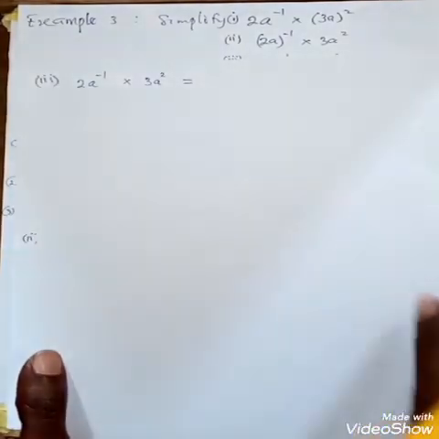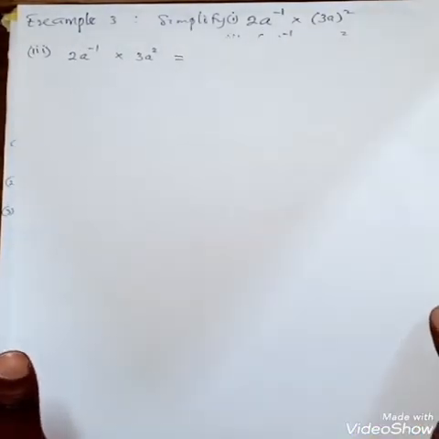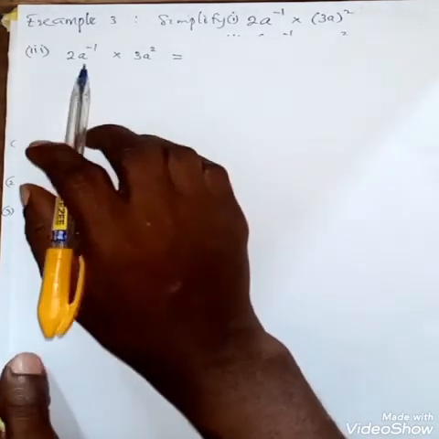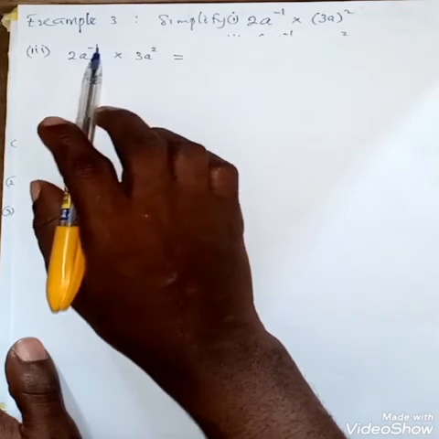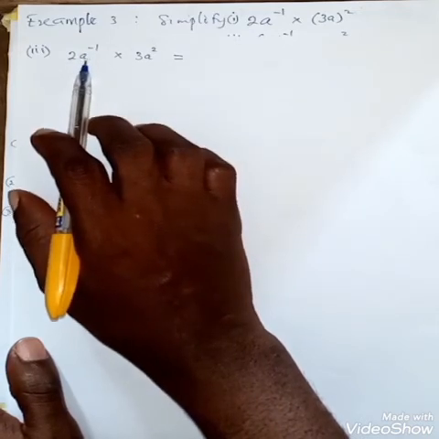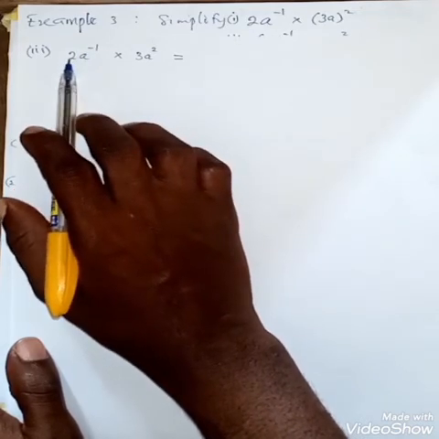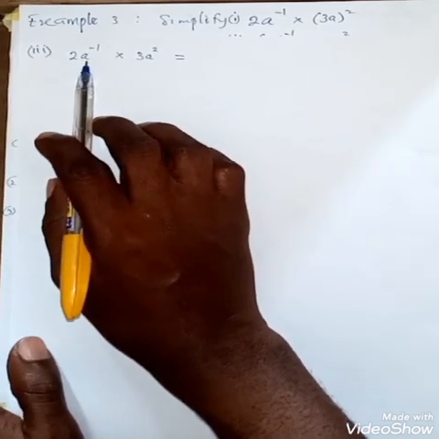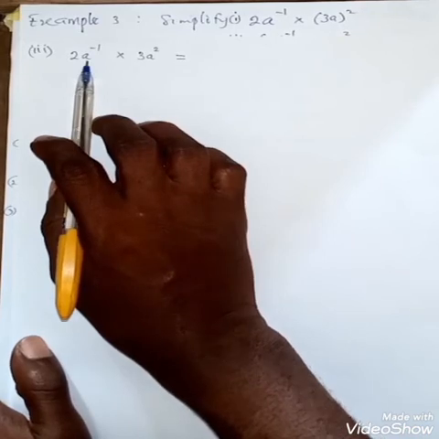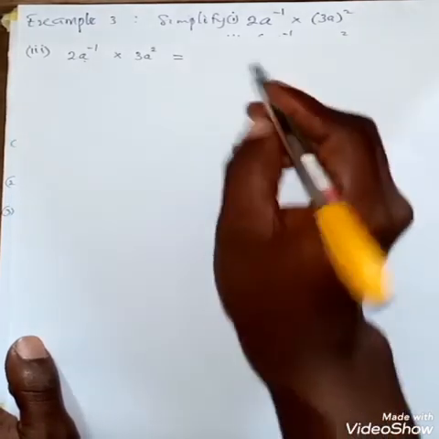So solving this one means that I have to correct this negative power which I have here. And remember, it is only this a that carries a negative power. It's not both. So it's only this a that have to what? Be rewritten as a fractional number.